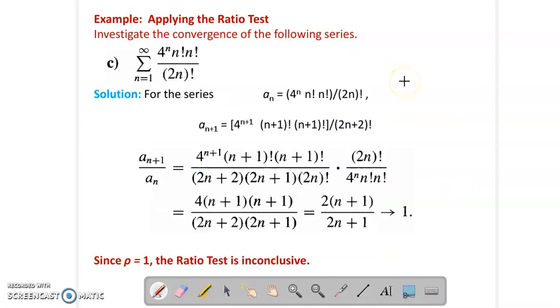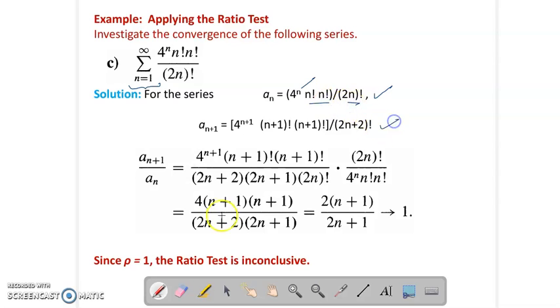The next example. Here again we have to investigate the convergence of the series, where the series is (4^n) n! n! upon (2n)!, summation n going from 1 to infinity. So this is our a_n. Find a_(n+1), just replace n with n plus 1 here, here and here.